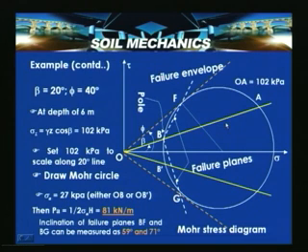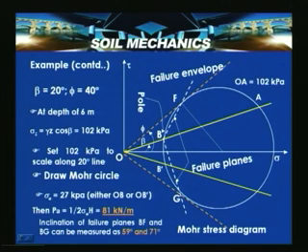Now at a depth of 6 meters, that is at z equal to h equal to 6 meters, sigma z is equal to gamma into h cos beta, which gives us 102 kilopascals. So, set 102 kilopascals to a scale and represent it along this particular 20 degree line, that is this surface line.